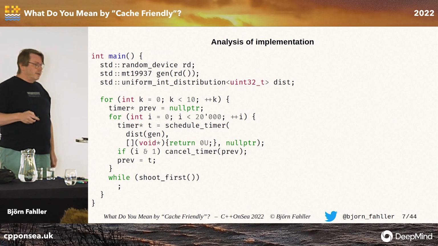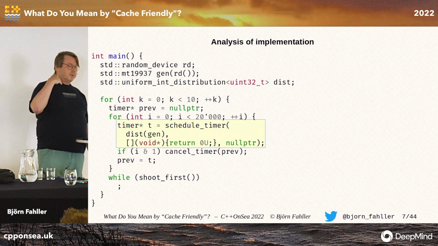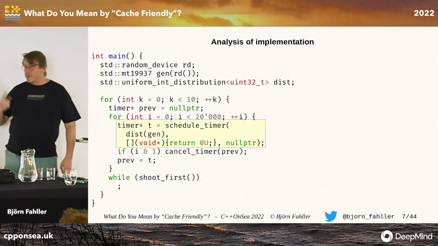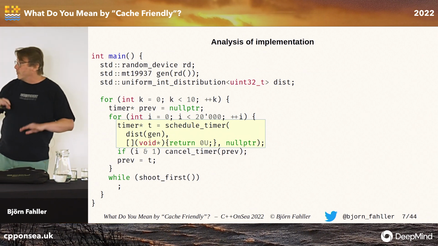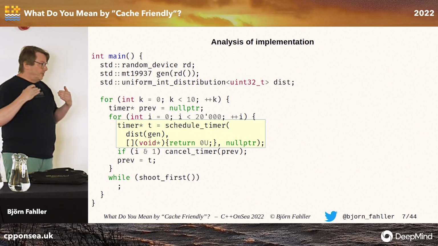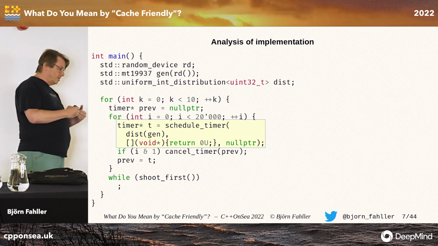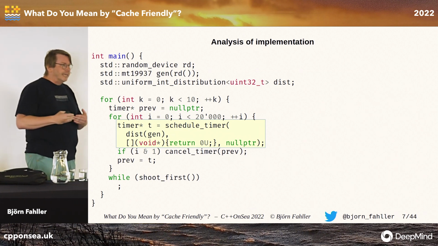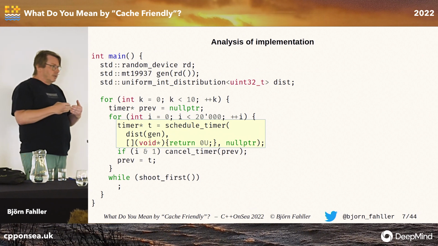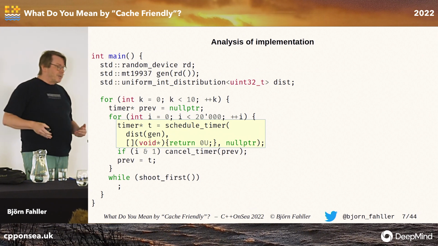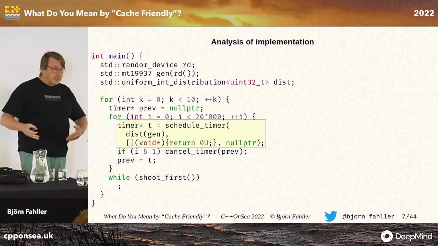So what I'm doing here is I have this loop over 20,000 times, and for every revolution I schedule a timer. And here is one of the tricky things with doing this, is that you need to do some work that is small enough that it doesn't contaminate your measurement by adding too much load.